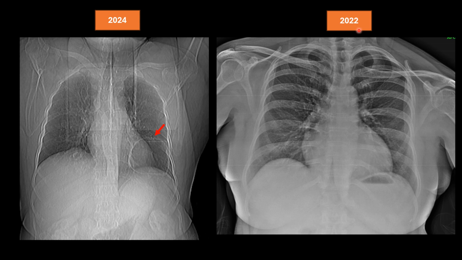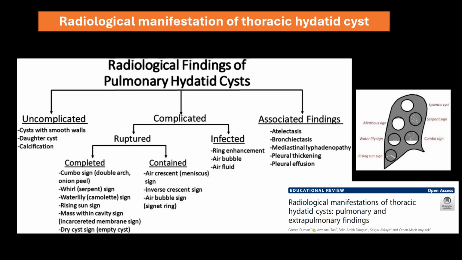We had a comparison radiograph from 2022 in which there was no cyst in this patient. So the presence of membranes raised the possibility that it was a multi-system hydatid disease, and this patient basically presented with cough. It was a pulmonary hydatid for which he was seeking treatment from us.